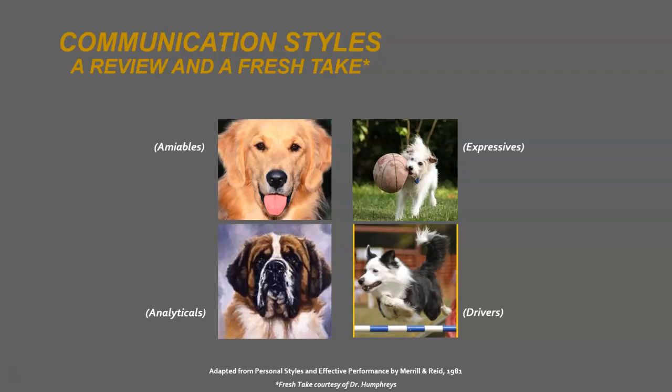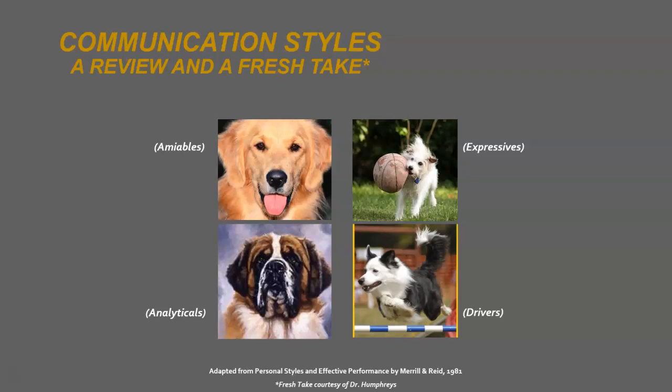And so in order to describe this model, my friend Dr. Humphreys created this, which I've loved and borrowed again for years, that basically gives you an image of different dog breeds and how they relate to, if you can imagine these different breeds.